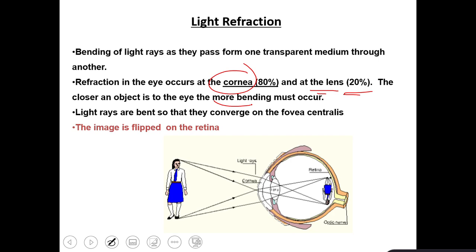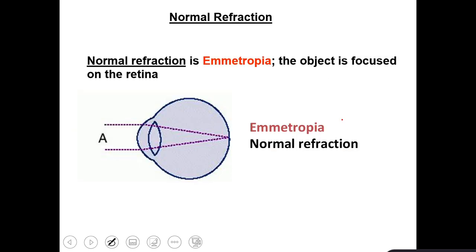The goal for that is to get the image on the clearest point on the retina that has the most visual acuity, which is the fovea centralis of the retina. The normal refraction when the light or the image goes to the retina is called emmetropia. So it's normal refraction and you see clearly.